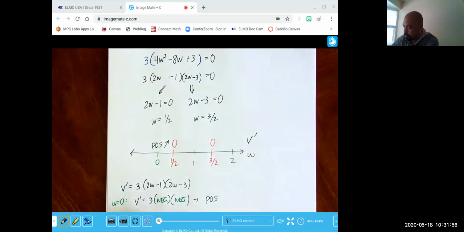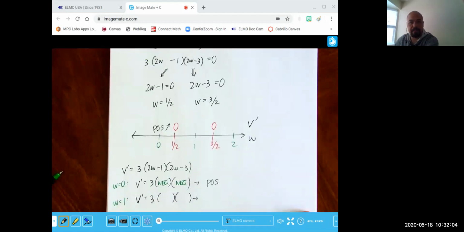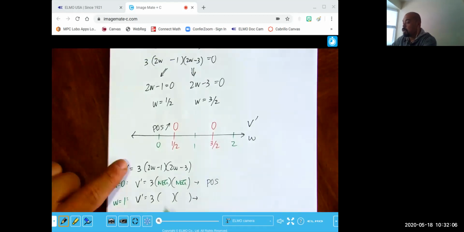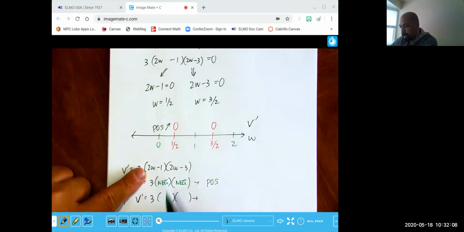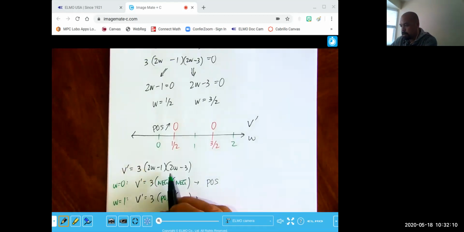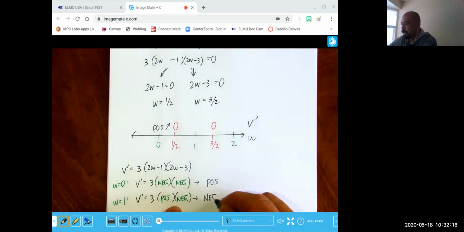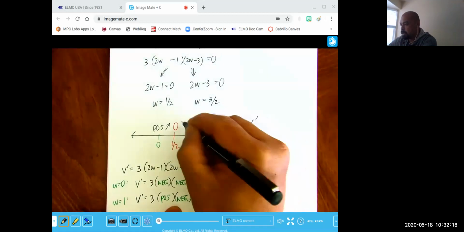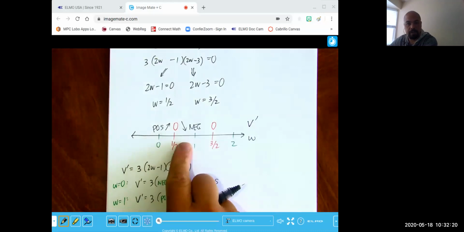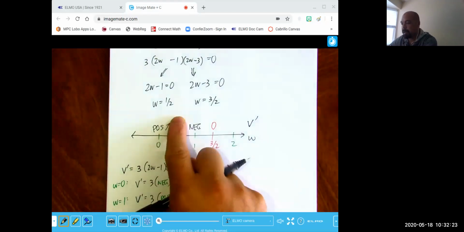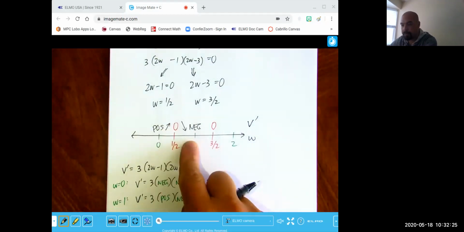At 1, and again, having to calculate that out is perfectly fine. 2 times 1, 2 minus 1, that's positive. 2 times 1, 2 minus 3, negative. Positive times negative, negative, right? So we're negative here, decreasing, right? So right there, even with our first derivative test at that 1/2, climbing to that maximum, right?